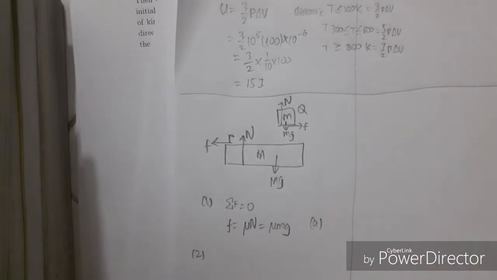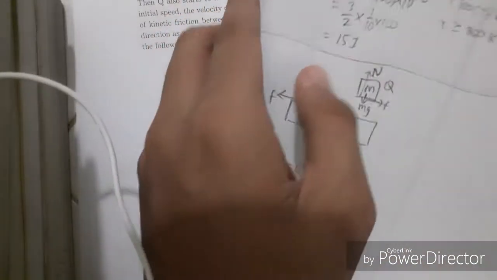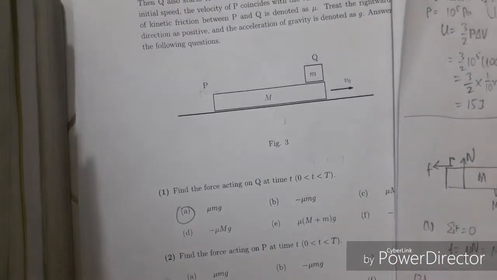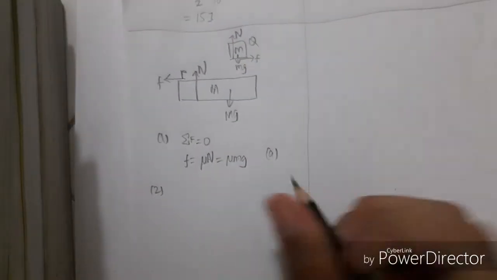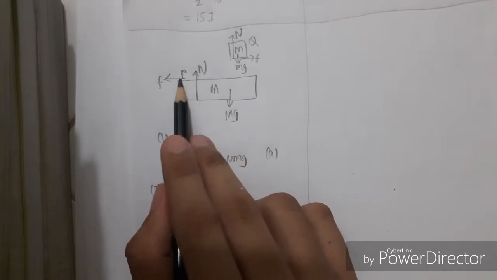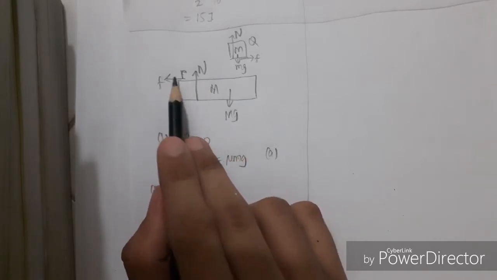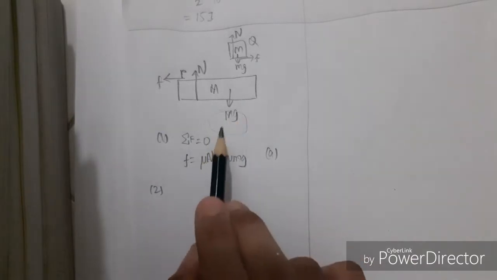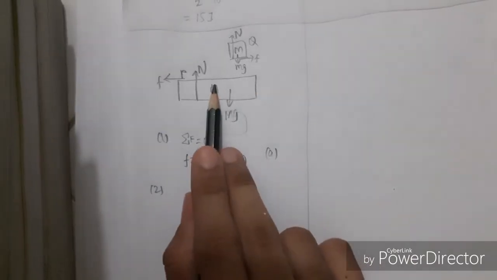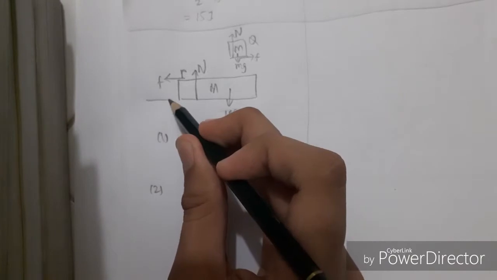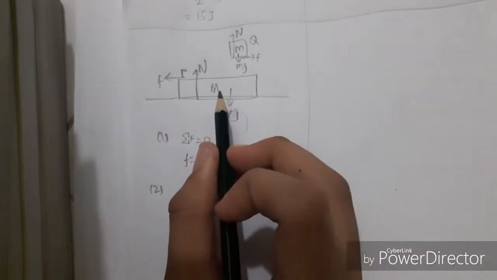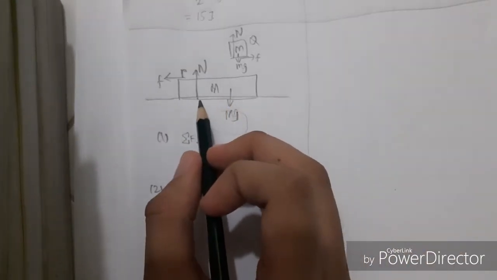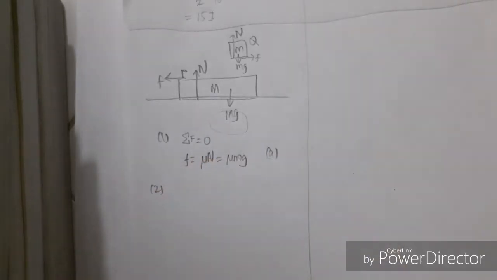For number 2, the question is find the force acting on P at time t. So at the block P now, we can see that this friction force happens on P, but this weight force doesn't act on block P, but it is acting on the ground, I should say, right?